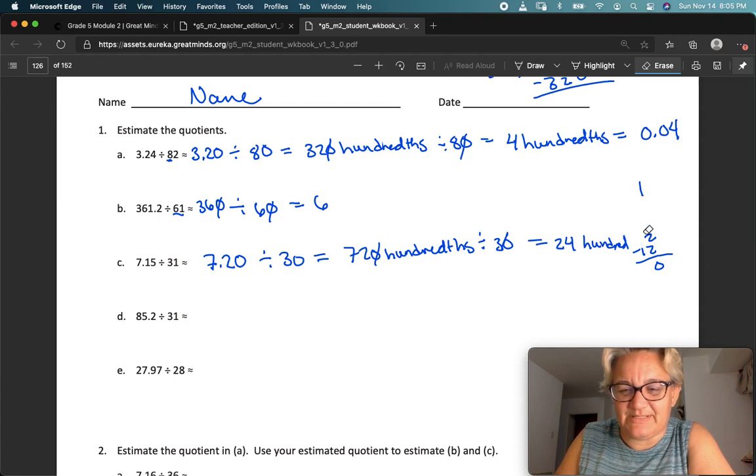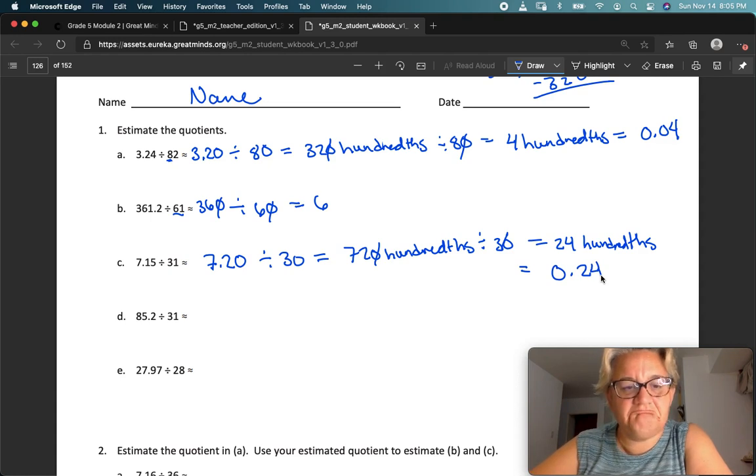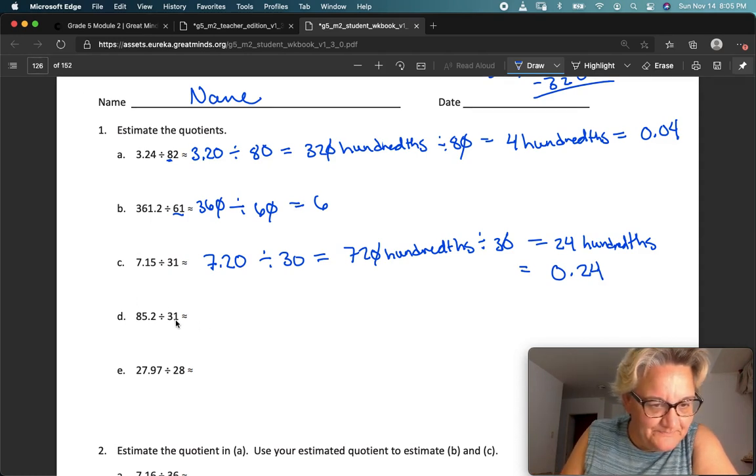This is why you got to put those little cheat things on the side. So you can, hundredths, T-H-S, okay. Now I want to write that as 24 hundredths, so like that, right? Seems to make sense. Okay, next one.